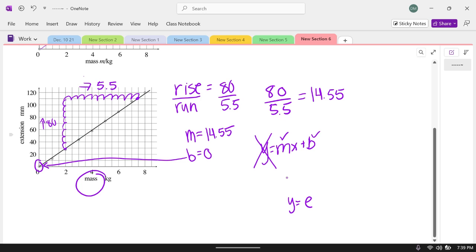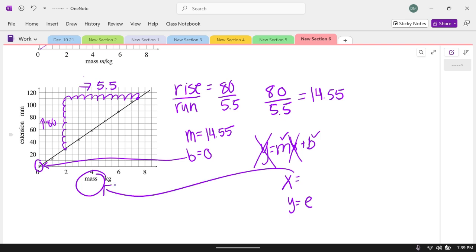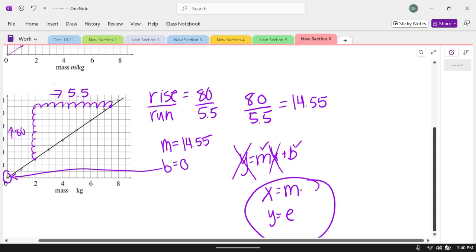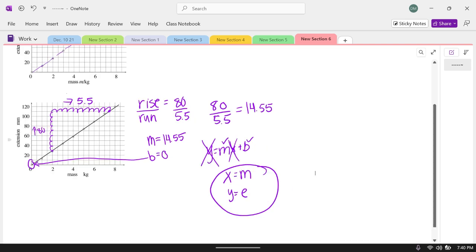We now need to do the same thing to x. Get rid of x, and it now needs to be something new based off of what is there. And we have the word mass. The first letter of mass is M. So we're going to put x equals M. We now replace x and y with new letters based off of what is actually specific to our graph.